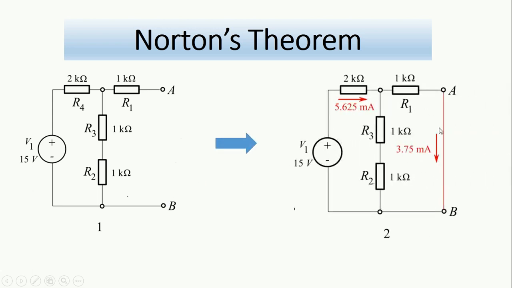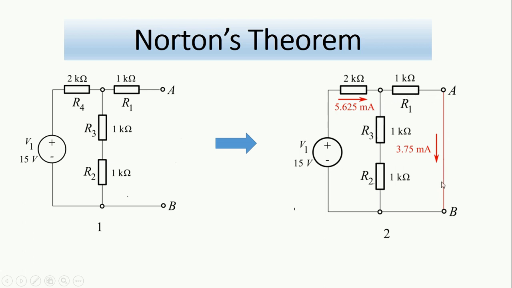As we can see here, this is possible if we first calculate the total current in the circuit coming from the supply, and then we know that this current will divide. Part of it will go into this branch, the R3 and R2, and the other part will go into the R1 and the short circuit.